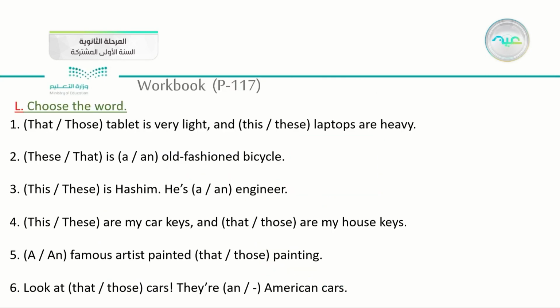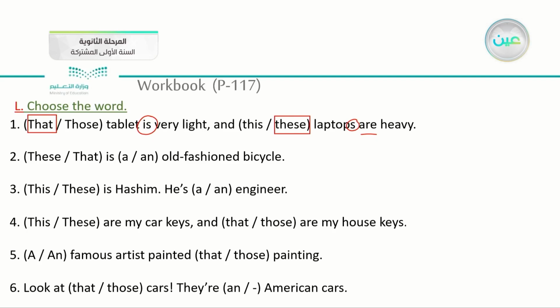Let's try to come up to exercise L on page 117. That or those tablet is. We're having an is, so that tablet is very light, and this or these laptops are heavy, more than one, so we will choose these.